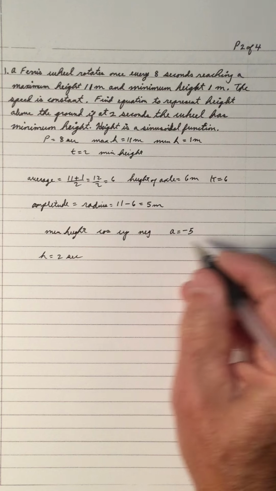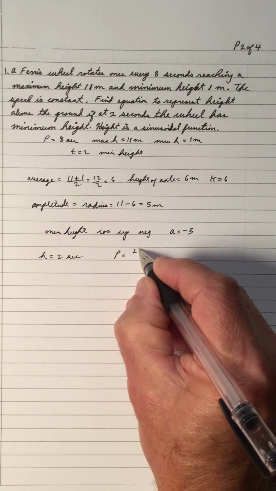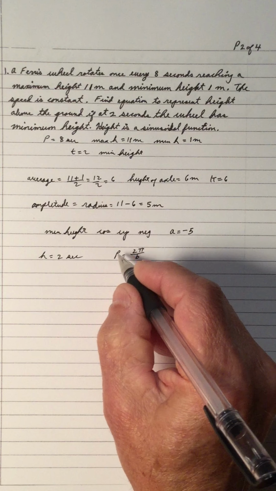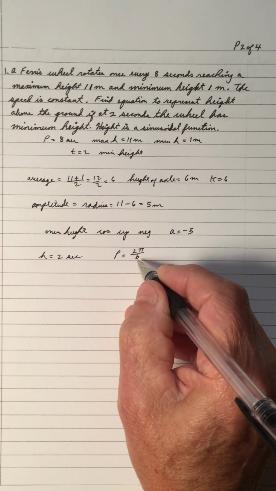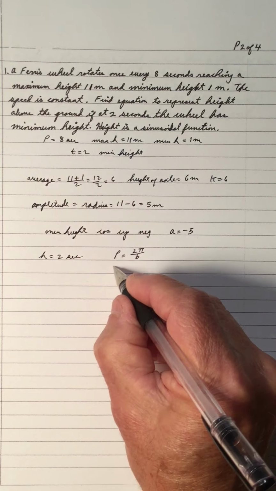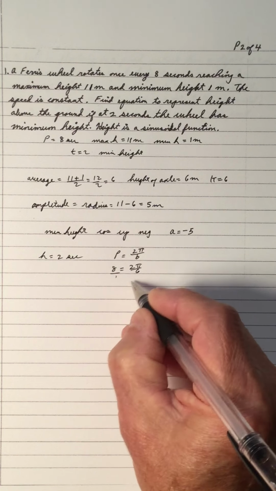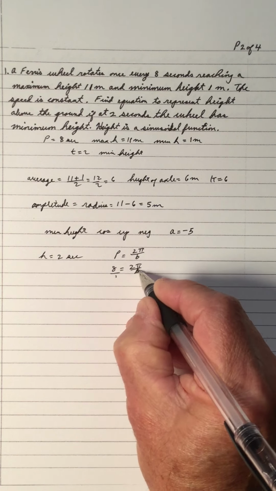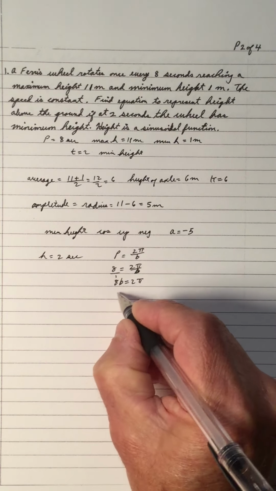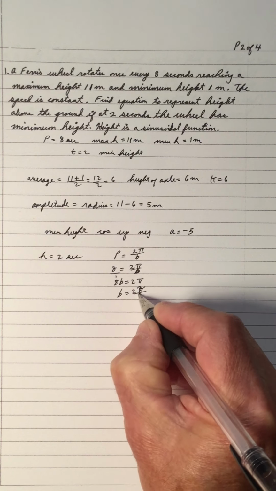The period is 2 pi divided by B. The period we said was 8 seconds, so 8 equals 2 pi over B. So 8B equals 2 pi, so B is 2 pi divided by 8.